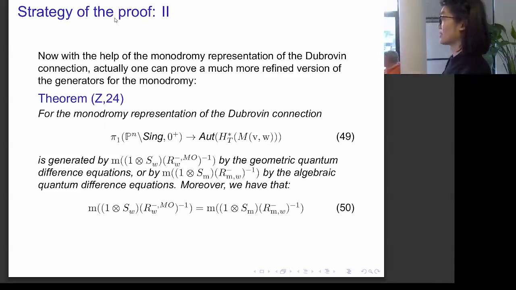So in this case, if you combine the result of the half algebra over there, the first thing is that these generators will give you that these two monodromies are actually equal to each other. But this comes from the computation for the degeneration. But moreover, I can see that these two generators are actually the same.